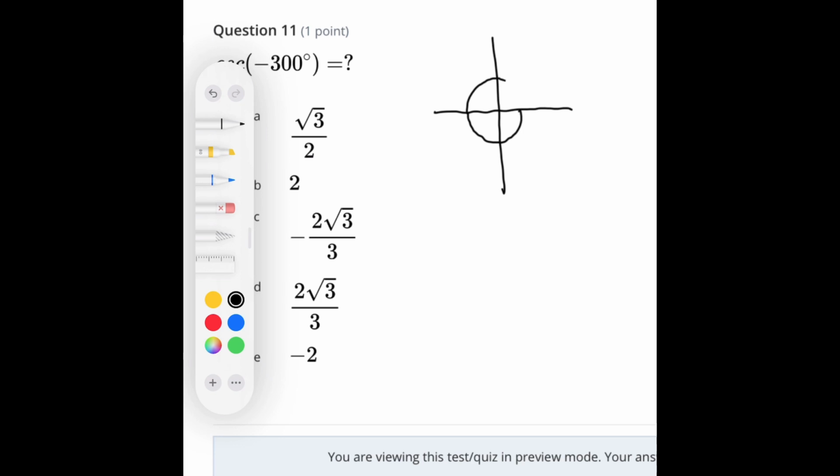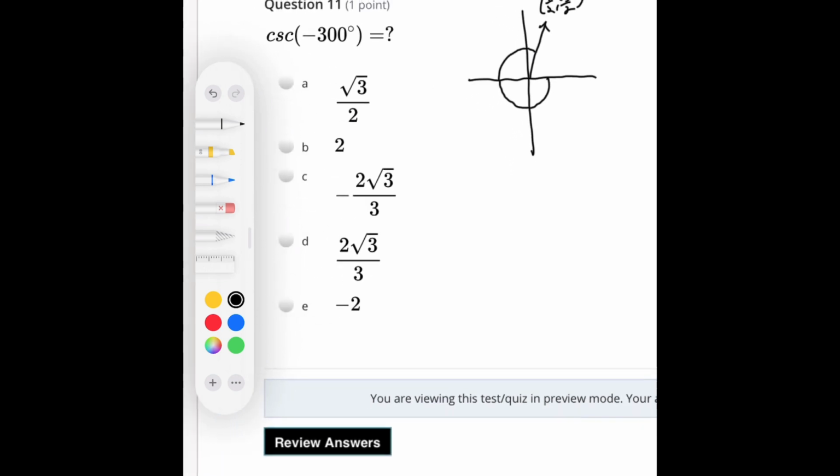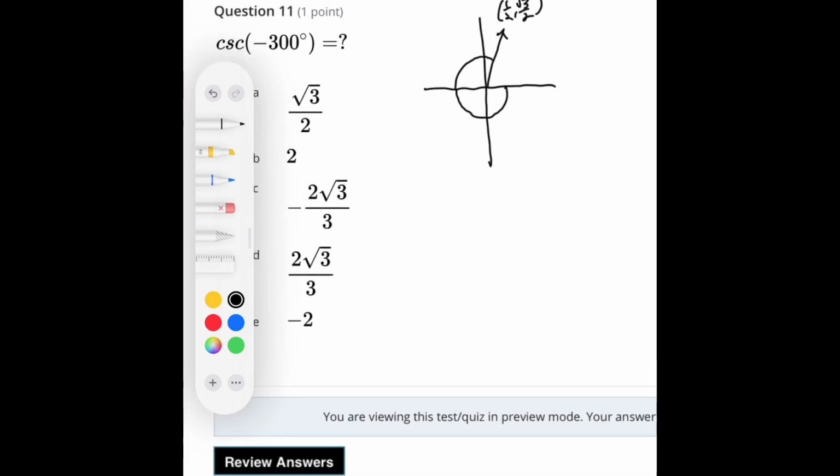The coordinate there is 1/2, root 3 over 2. I need cosecant, which is sine flipped over. Sine is y, so cosecant is that flipped over: 2 over root 3, and don't leave the root on the bottom. It's 2 root 3 over 3.